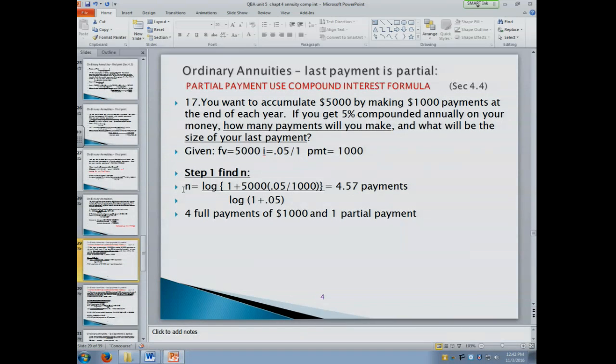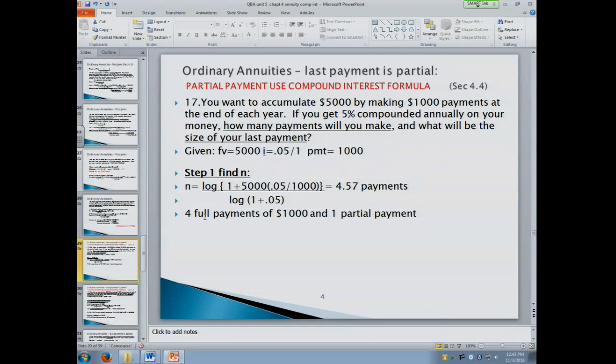So if we calculate how many payments, it's 4.57 payments. So it's 4 whole payments of $1,000 we're going to get. But this decimal, this 0.57, means that the last payment is going to be something less than $1,000.